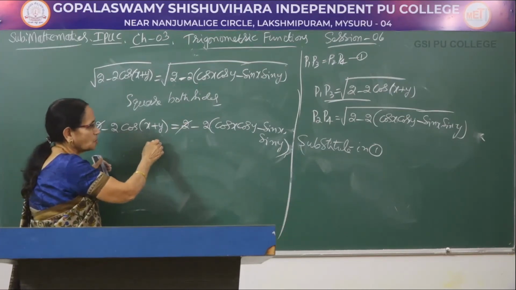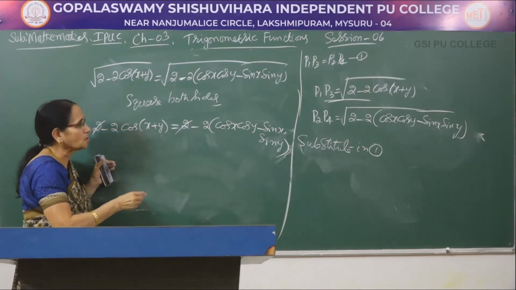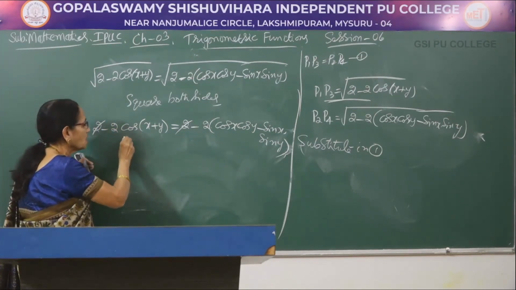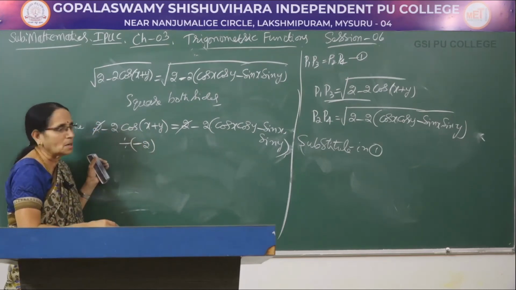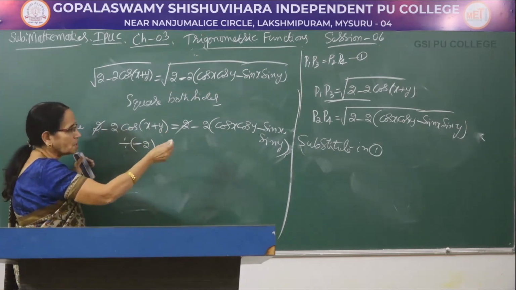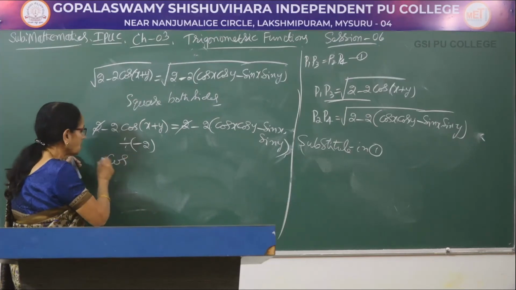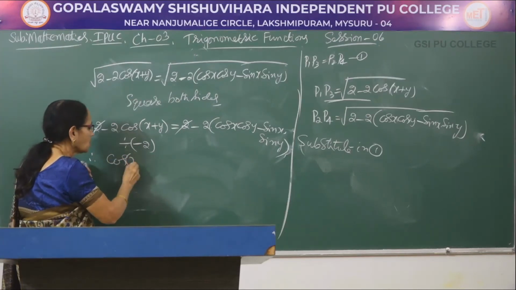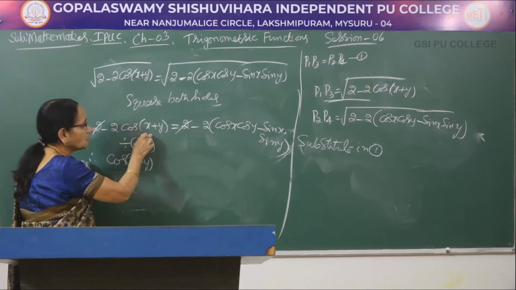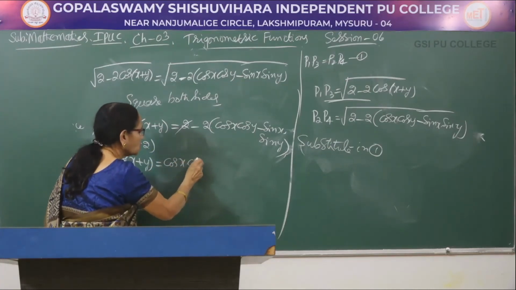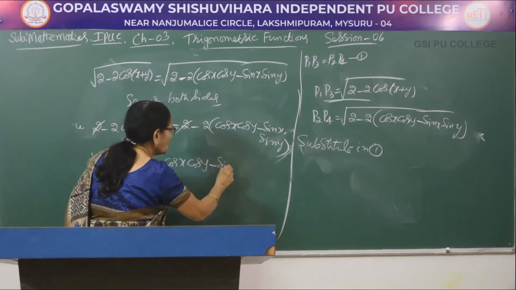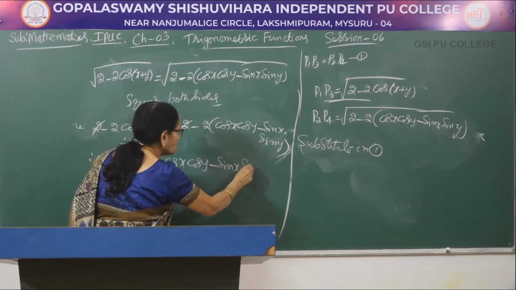Minus 2 into this expression equal to minus 2 into the other expression. Directly you can cancel or use the proper method. Divide by minus 2, so minus 2 is eliminated on both sides. What is remaining? It is cos of x plus y on the left hand side. The right hand side would be cos x into cos y minus sin x into sin y.